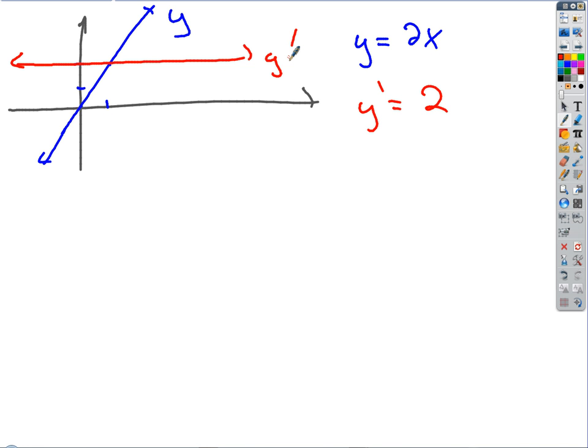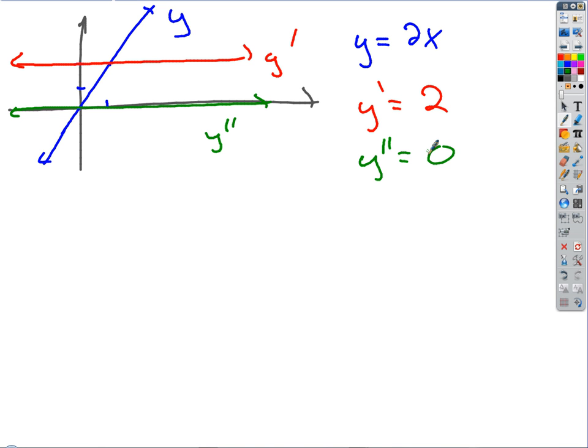Okay, and then finally, what's y double prime in this case? Yeah, good, because the slope of that line is 0. So y double prime equals 0. Now, if we start with a given function, these derivatives are exact, aren't they?